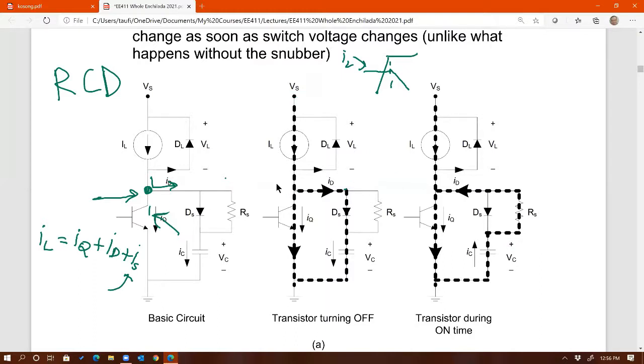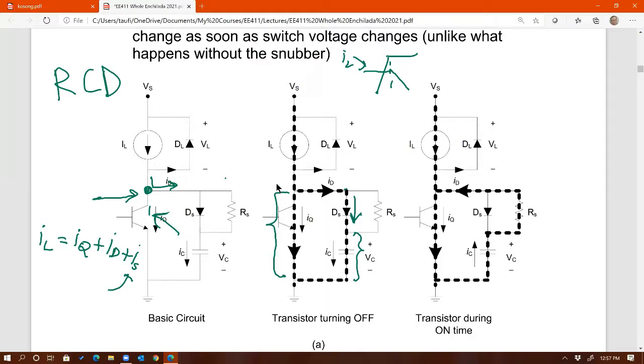So what about current? We know that voltage is now being forced to slow down because of that capacitor. What about current? Can current change as voltage changes? Yes, exactly, that's what's happening. As soon as this voltage rises, you are right away forward biasing this diode, and right away you are charging this cap.